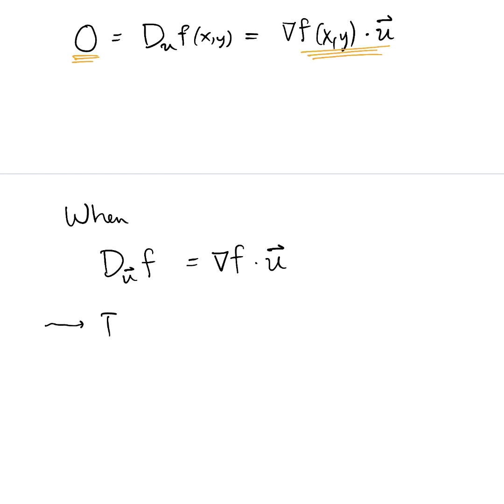That would imply that the directional derivative in the direction of the vector u is, let's see, what was dot product from Calc 3? It was magnitude of the one vector, magnitude of the other vector, cosine of the angle between them.